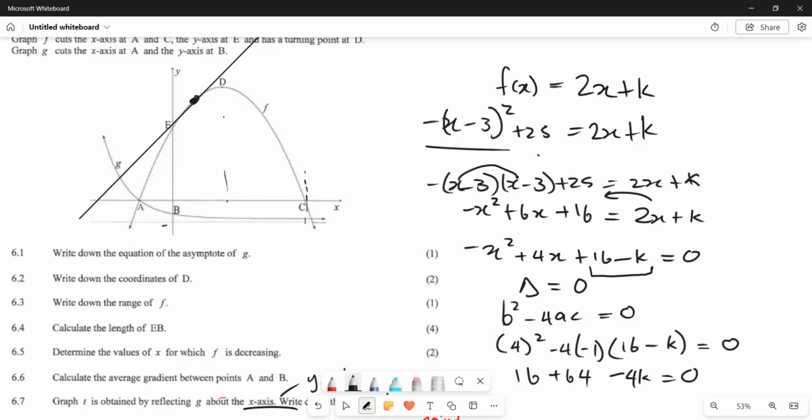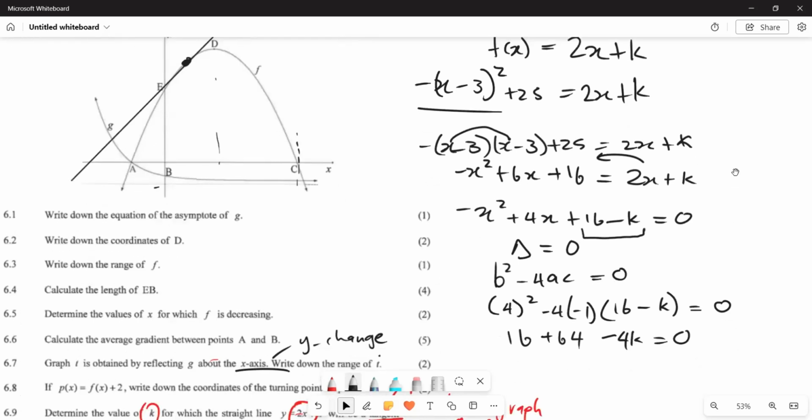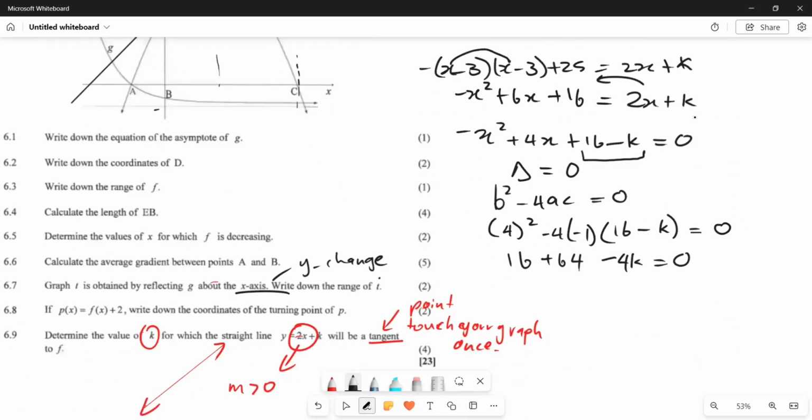Now we are still solving for x here, so let's see what else we are going to have. If you are grouping like terms, this gives you 80, and then 80 subtract 4k is equal to 0.